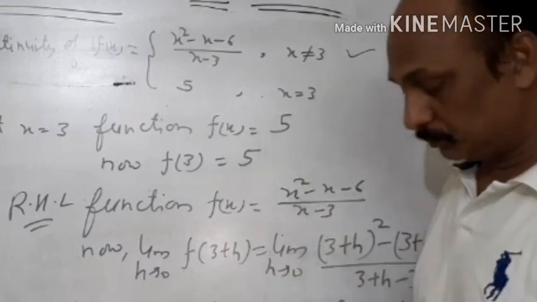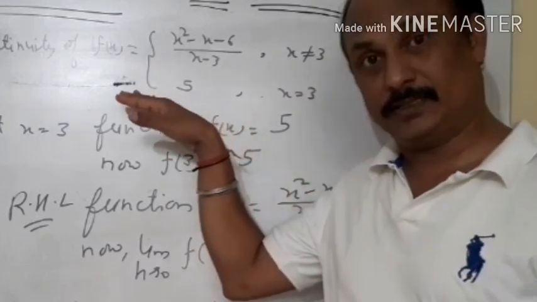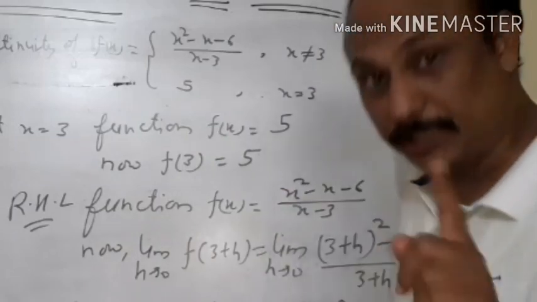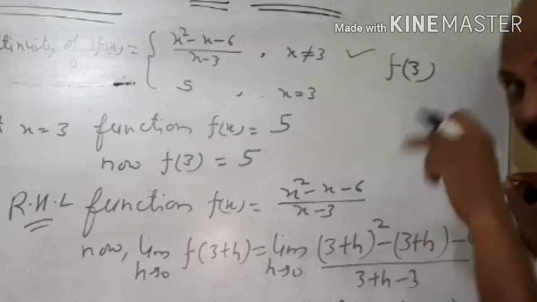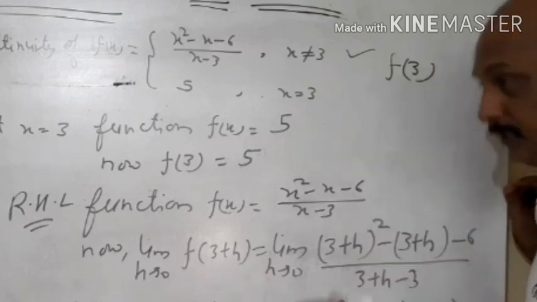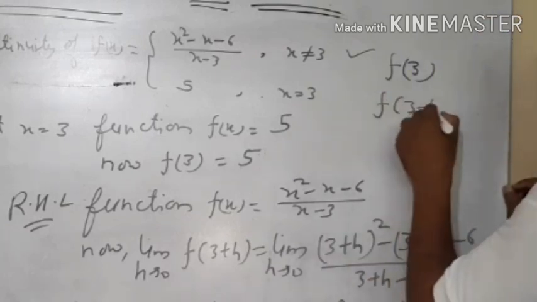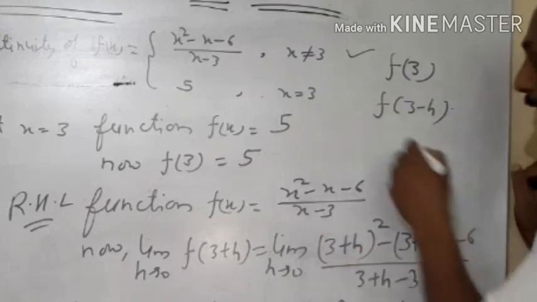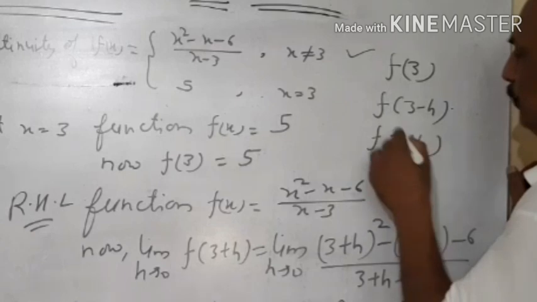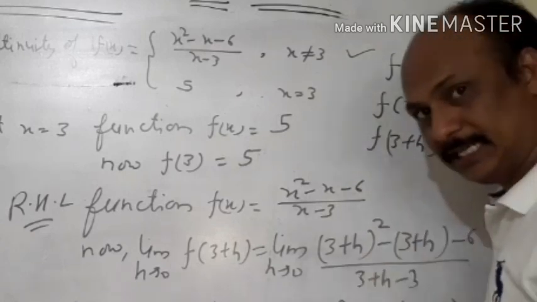So, for this case, we select 3 points: f at the point x is equal to 3, f(3 minus h) means LHL, and f(3 plus h) means RHL.